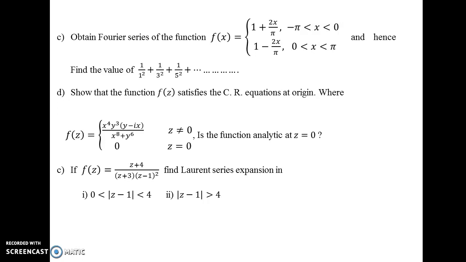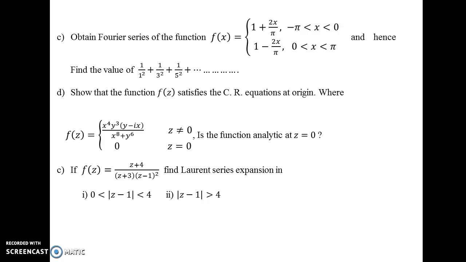For analytic function, write f dash 0 is equal to limit z tending to 0 of (f(z) minus f(0)) upon z. And here y minus ix, take minus i common, so it will become x plus iy. And then solve this, and in last put y cube is equal to x power 4 into m. And then we will show that for the different value of m, the value of f dash 0 will be different. So we can say f(z) is not analytic here.